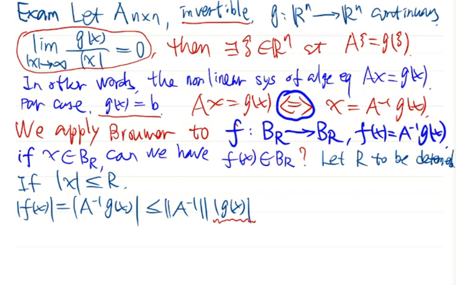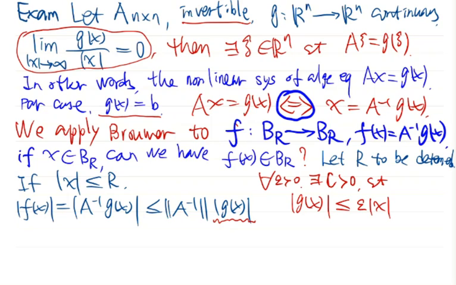From this assumption, we see that for any epsilon positive, there exists a constant c positive such that the norm of g(x) is not greater than epsilon times the norm of x plus c. This is for any x in R^n.